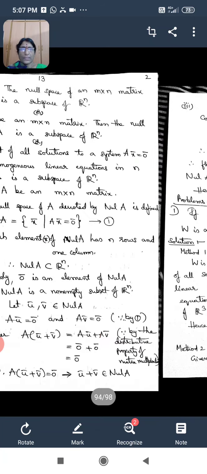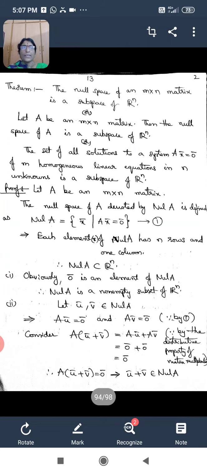So the statement of the theorem is: the null space of an m by n matrix is a subspace of Rn. This is what we proved now. This can also be stated as: let A be an m by n matrix, then the null space of A is a subspace of Rn.